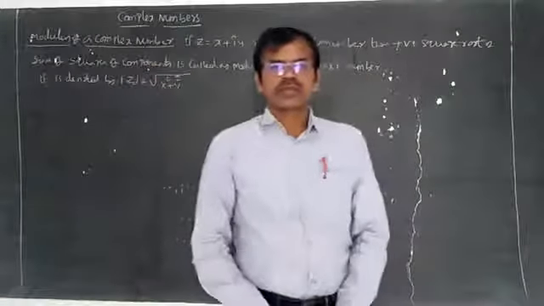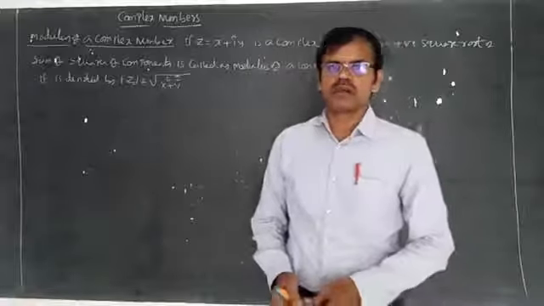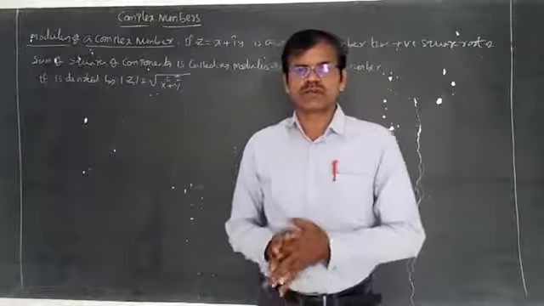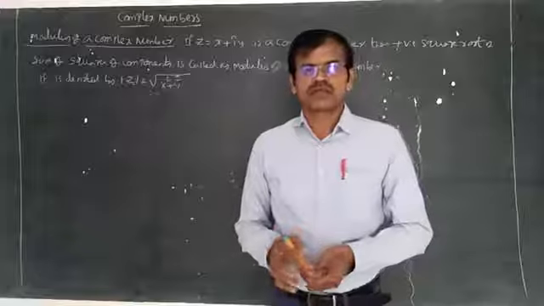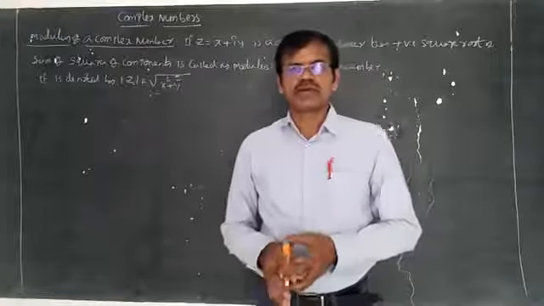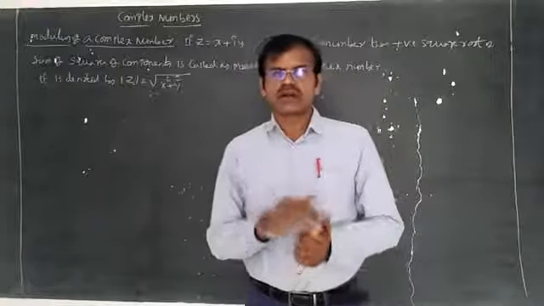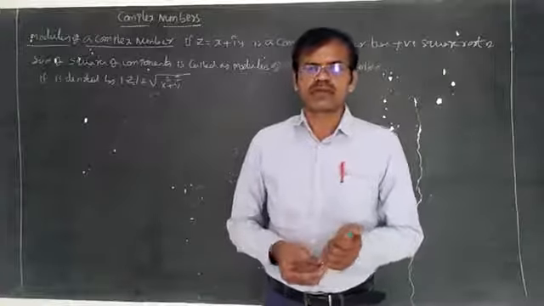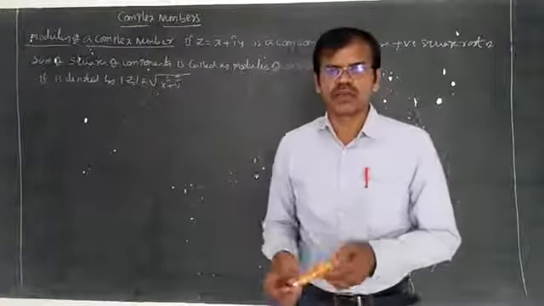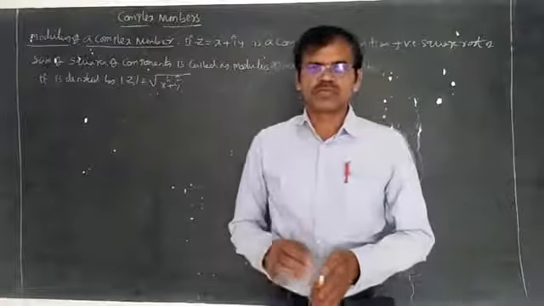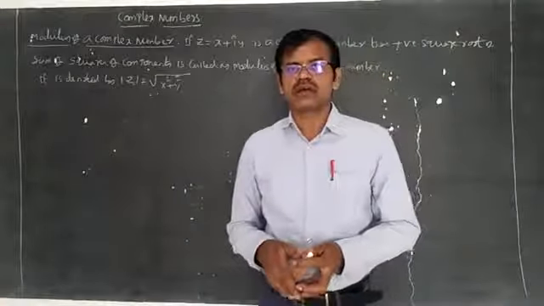Component means, in the concept of vector, r bar is equal to x i bar plus y j bar plus z k bar. R bar is a position vector with respect to the origin. x is a component of i bar, y is a component of j bar and z is a component of k bar. Root of component squares means x square plus y square plus z square, which we have already learnt.